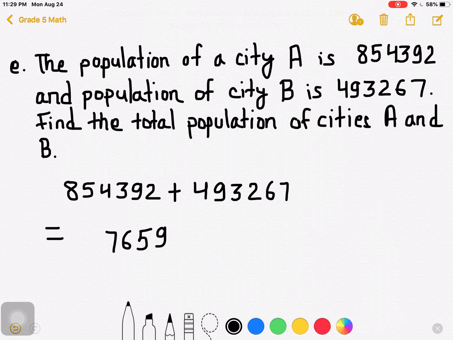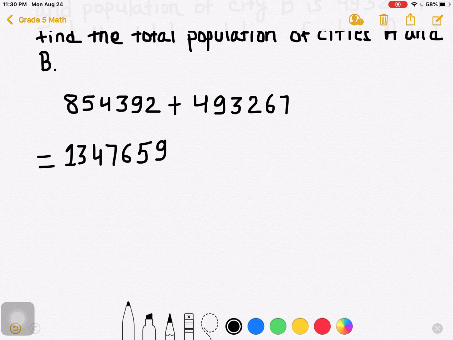And 5 and 9, that is 14. 4. And 1 carry over, 8 plus 1, 9. And then 13. Okay, 13 here. This is the total number of population. That is 13,47,659. Here you can give your conclusion also.